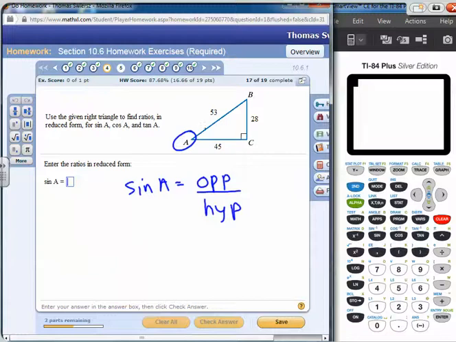With respect to angle A, the opposite side away from it that forms part of the right triangle would be 28, and the side opposite the right angle is the hypotenuse, which would be 53. And 28 over 53 does not reduce at all. So you would just leave it in that form, 28 over 53.